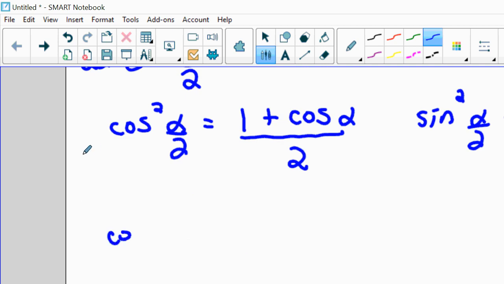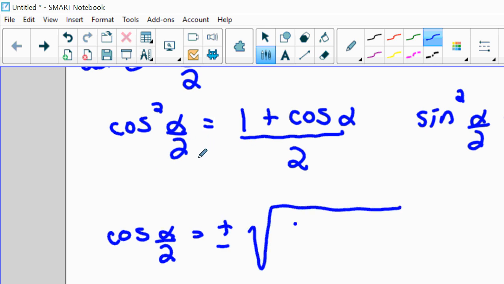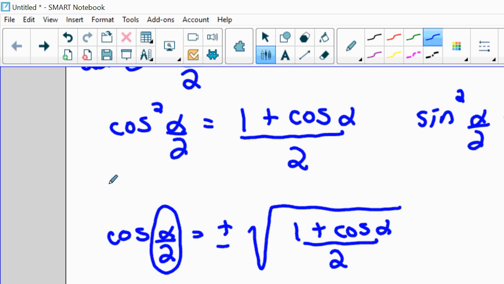And then we get cosine of alpha over 2 equals plus or minus the square root of 1 plus cosine alpha over 2. Now, the plus or minus will be determined by what quadrant alpha over 2 lies in. Cosine goes plus, minus, minus, plus. So if alpha over 2 is in the fourth, it's plus.